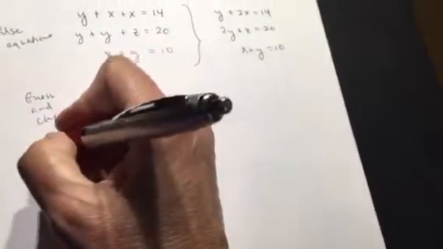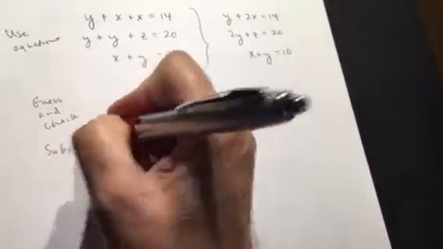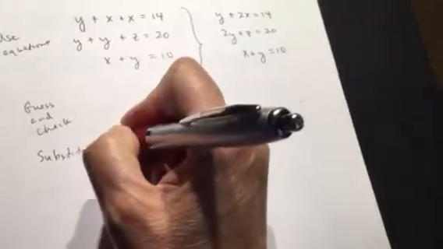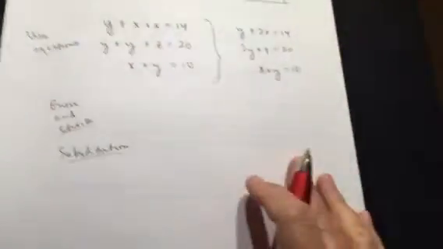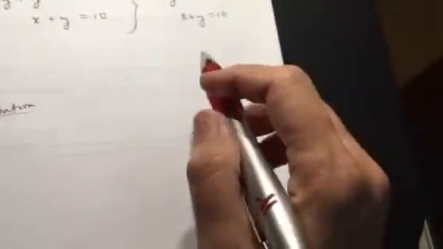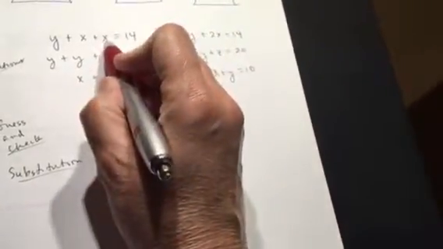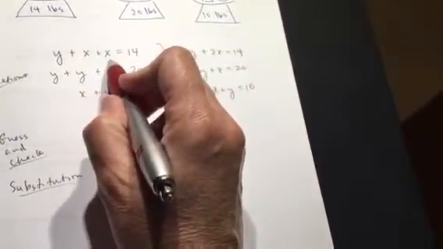Substitution, what'd you do for substitution? You want me to tell you what I did for all 3? Well, tell me what you did to start off. Well, on there y'all have x plus y. So I did x plus y equals 10, and I solved for. Probably right here.